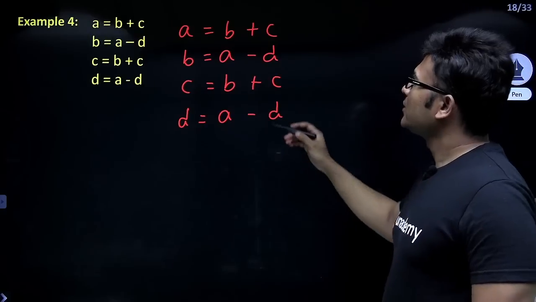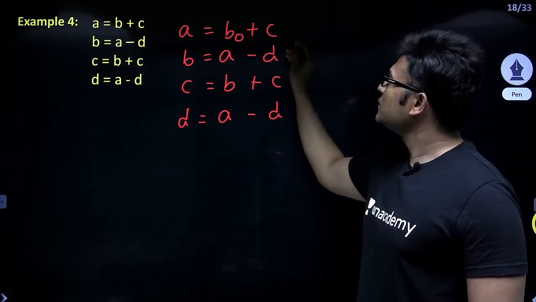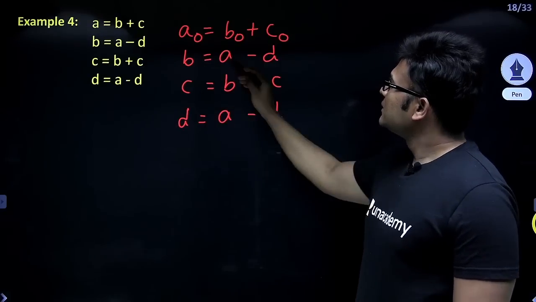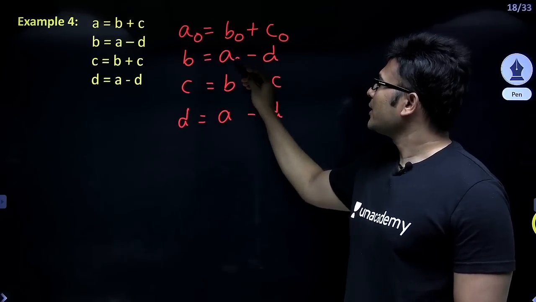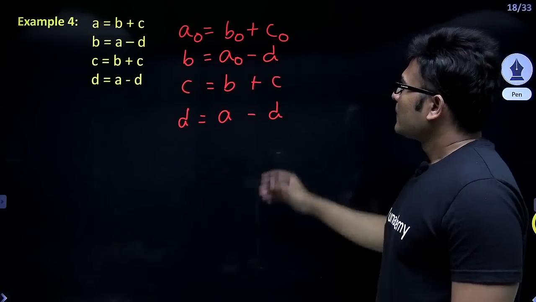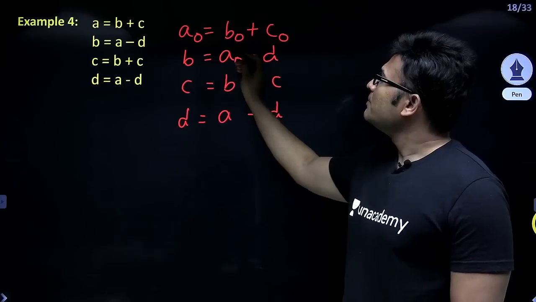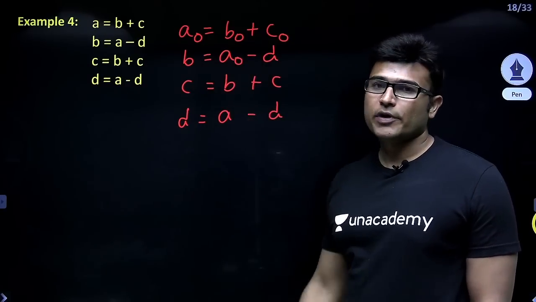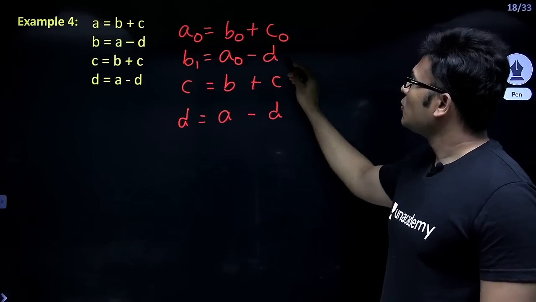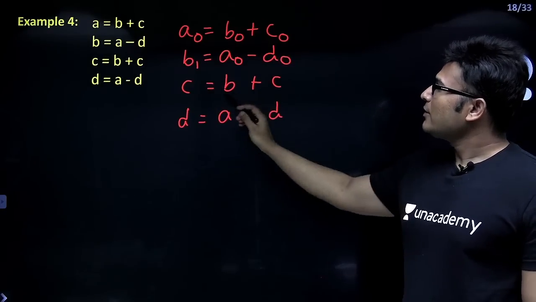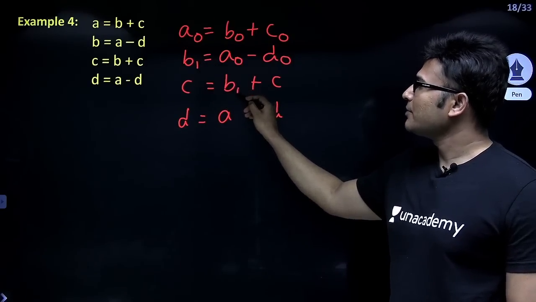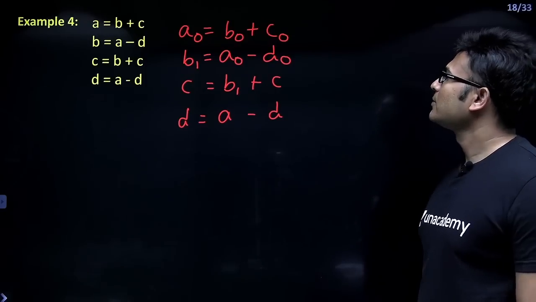So here if I write B naught, C naught, A naught, this A is same as this A, therefore I can write A naught. The value of B here and the value of B here are different. That is why I am writing B1. Let me write D naught here, right? And the value whatever is here, B1, that value is used here. That is why I am writing B1, right?